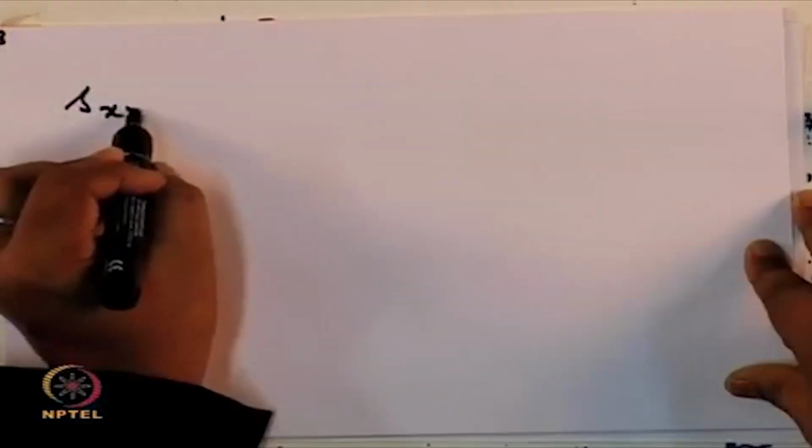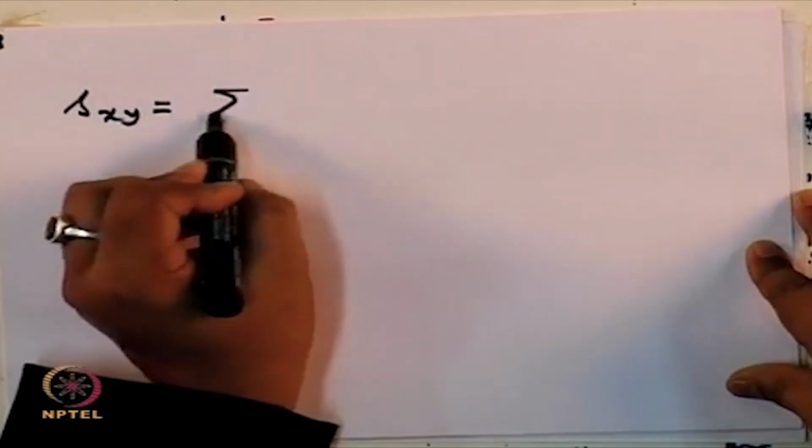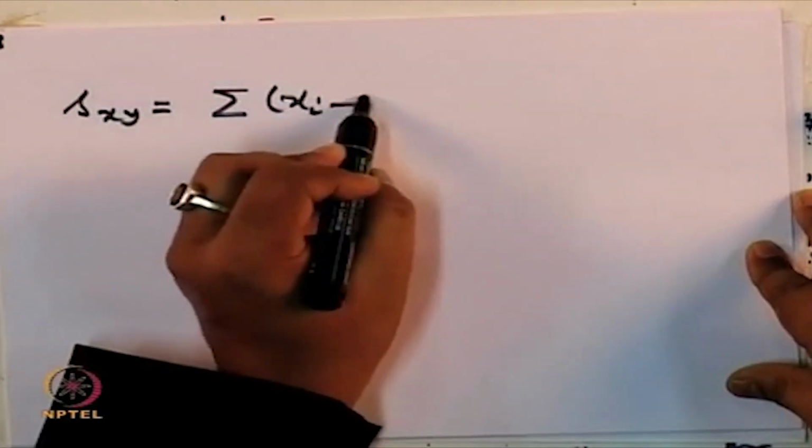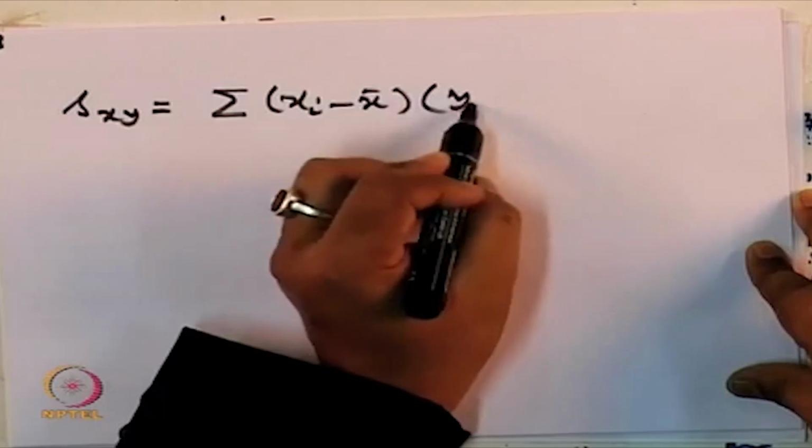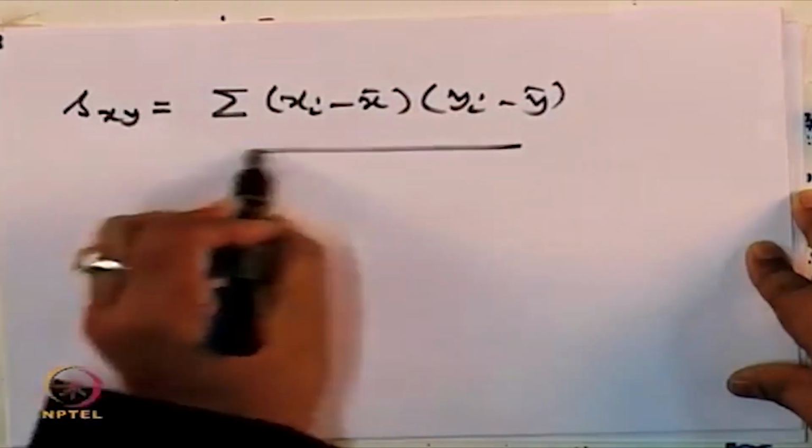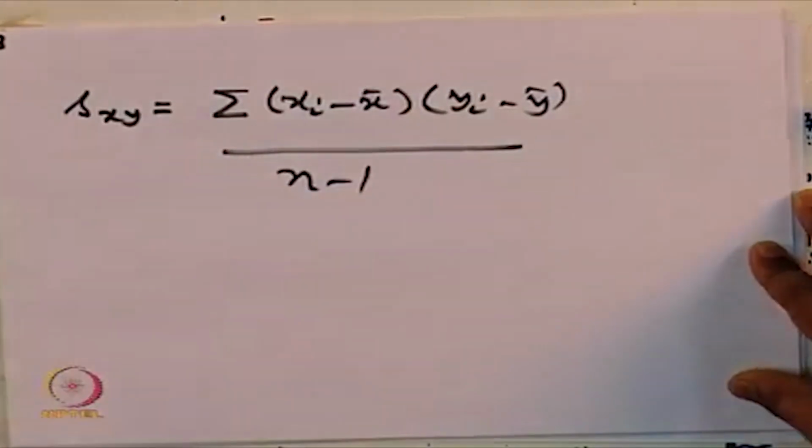Covariance is defined by Sxy equal to the summation of (xi minus x bar) into (yi minus y bar), whole divided by n minus 1.